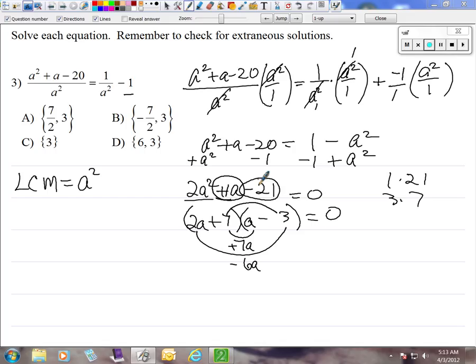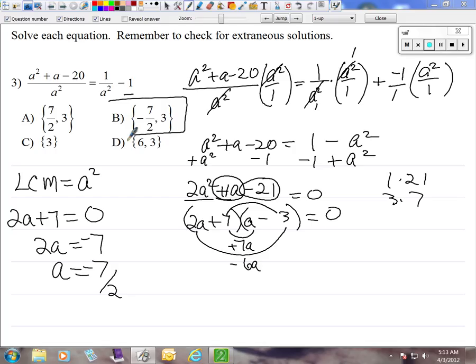Now, to solve a quadratic, we take the two parentheses and set them equal to 0 and get our answers. First one is 2a plus 7, subtract 7, divide by 2, and we get a is negative 7 halves. Well, it's pretty obvious our answer up here is B, since that's a multiple choice type of strategy.